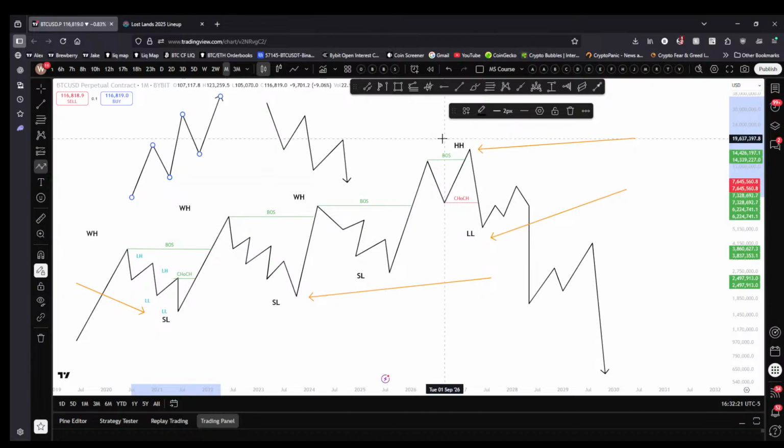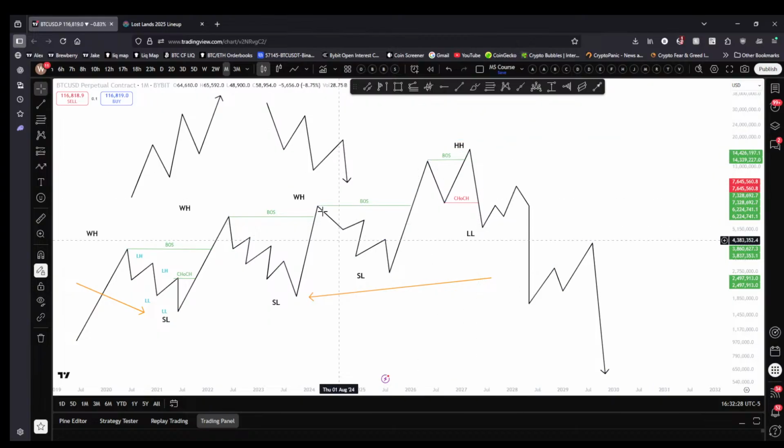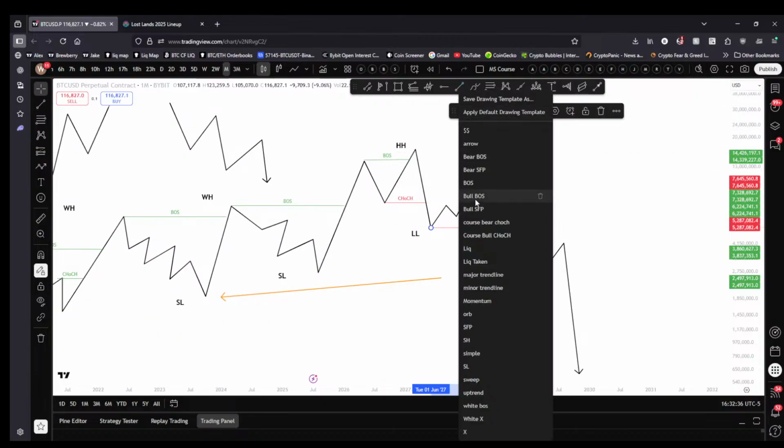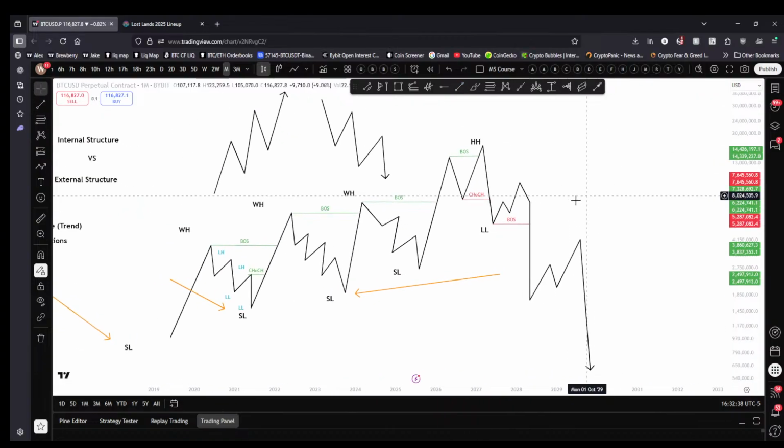You're just no longer in a verified uptrend. So the first break of structure after a change of character occurs when that lower low is then broken, because at this point, you're now making lower highs and lower lows.